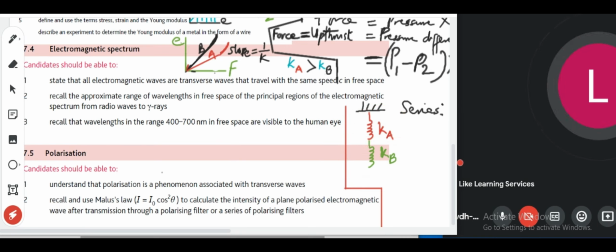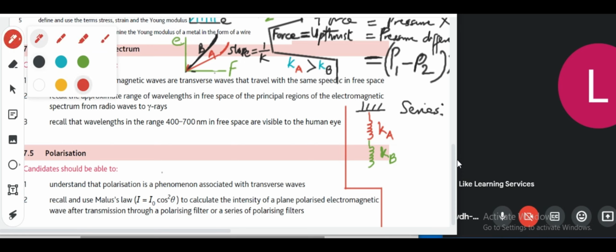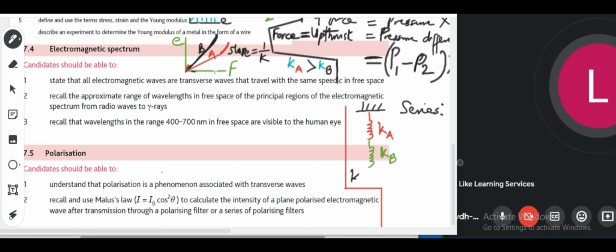When strings are connected in series like this, the total spring constant, this total spring constant K total, is equal to, actually this is how we should look at it. If you remember resistances connected in series and in parallel, it will give you an idea of what we're talking about, though in a reverse way.